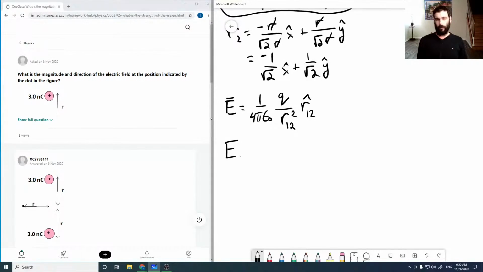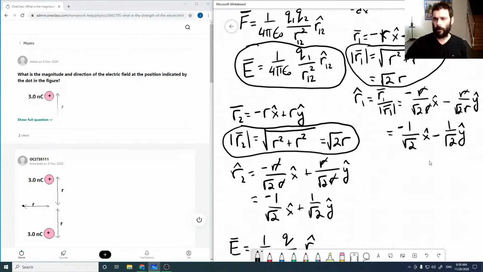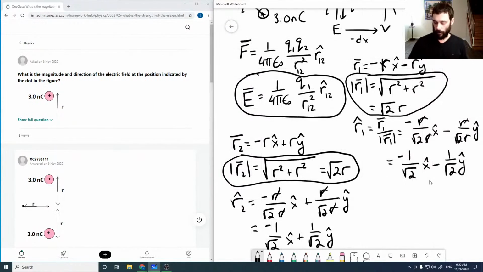So we're going to have an E1, and that's going to be 1 over 4 pi epsilon naught. The charge is 3 nanocoulombs. The r vector is just the magnitude, which, if we look, our r1 is just root 2 r.